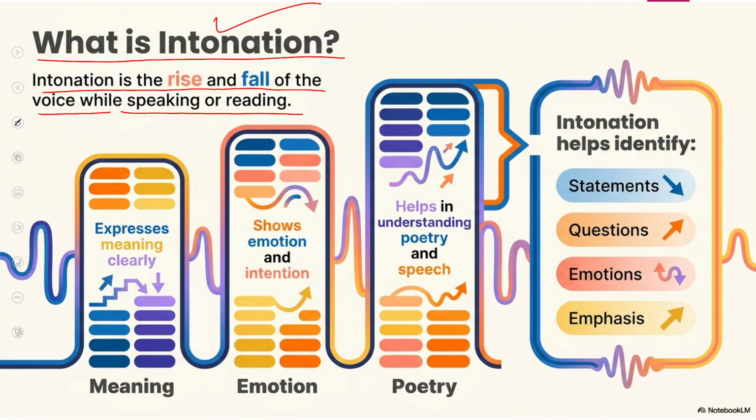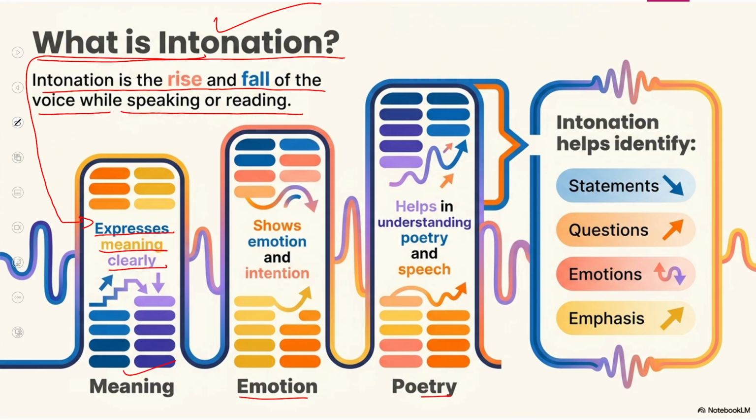First of all, we will discuss the meaning, emotions, poetry, and how intonation is helpful in different fields. Now, it expresses meaning clearly. It means that intonation is used to express meaning clearly, right?